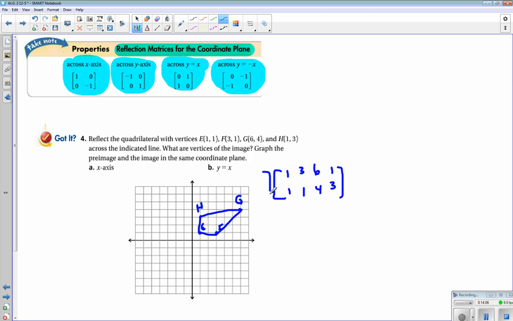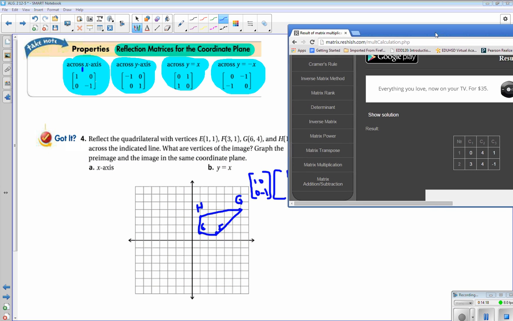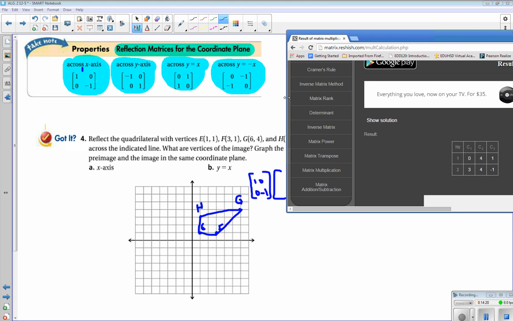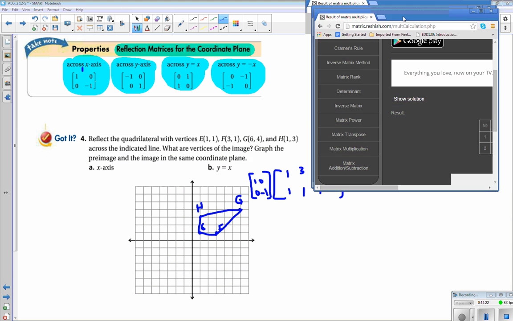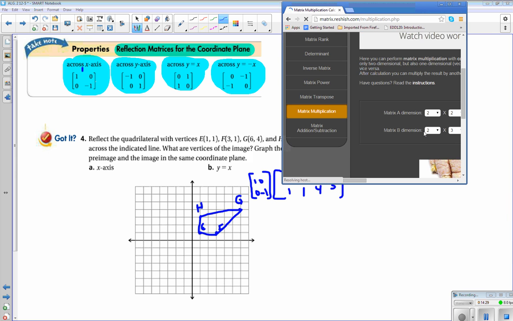I'm going to multiply that by my x-axis matrix, so this is 1, 0, 0, -1. So then I come over here and I'm going to do some matrix multiplication.